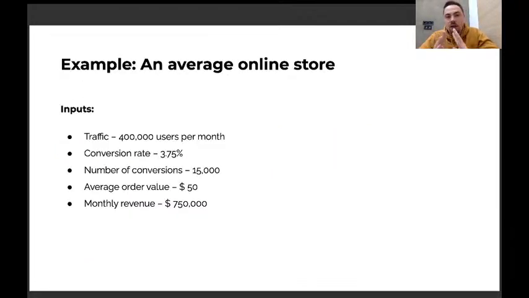Here is our classic e-commerce project. The input is traffic of 400,000 users per month, a current conversion rate of 3.75%, 50,000 conversions, and an average order value of 50 bucks. In summary, monthly revenue is $750,000.